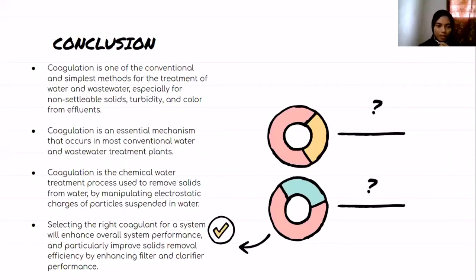We can conclude that coagulation is the chemical water treatment process used to remove solids from water by manipulating electrostatic charges of particles suspended in water. Selecting the right coagulant for a system will enhance the overall system performance and improve solid removal efficiency by enhancing filter and clarifier performance.